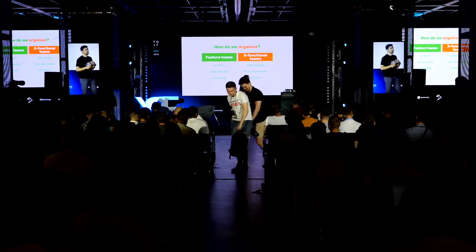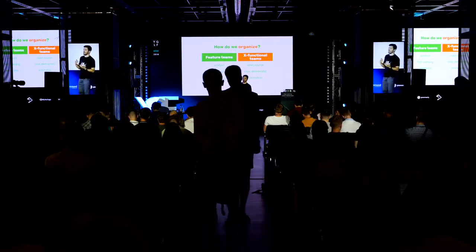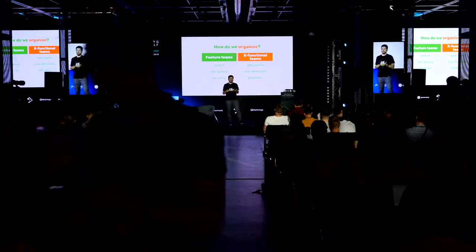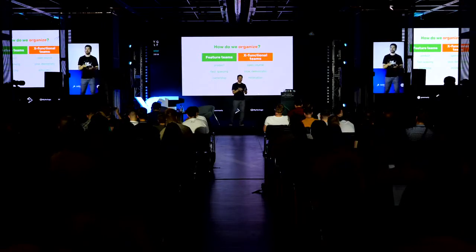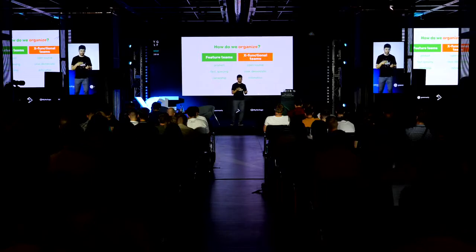So from a product owner point of view, the feature team is really good because they have ownership. If there's a problem with, I don't know, the Windows client, they know who to turn to. They know who are the people who are able to fix it really, really fast. On the other hand, in the cross-functional organizational model, it's much easier to estimate because there are no dependencies.